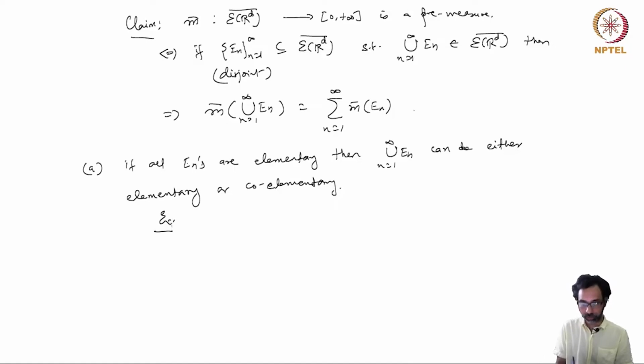For example, if E_n is given by the closed interval from 1 by n to 1 minus 1 by n, then the union of E_n, n equal to 1 to infinity, is nothing but the open interval (0,1).